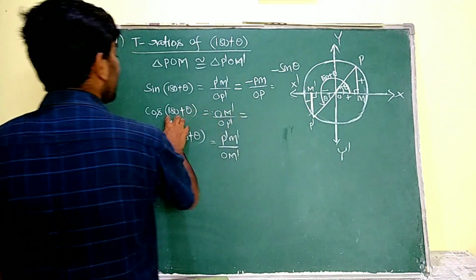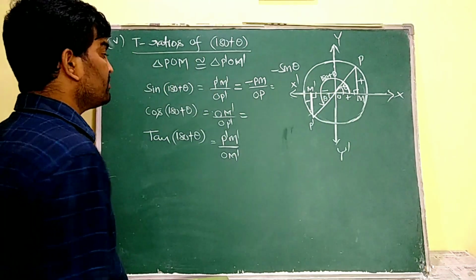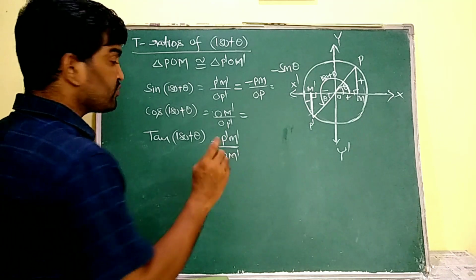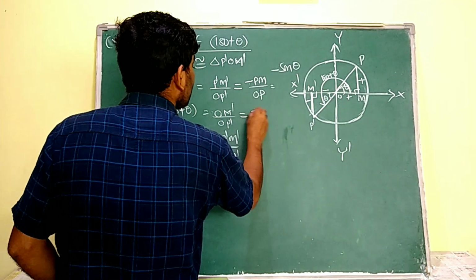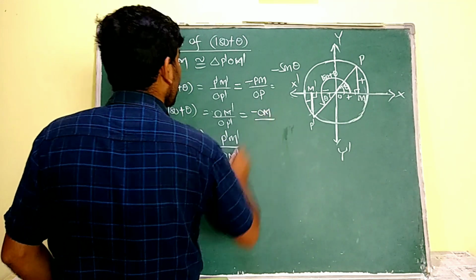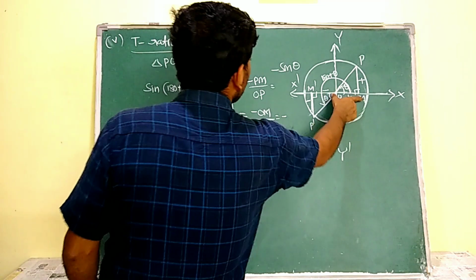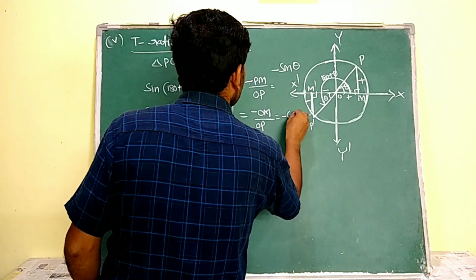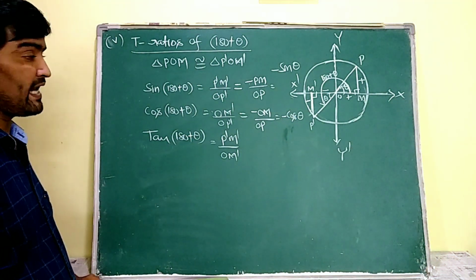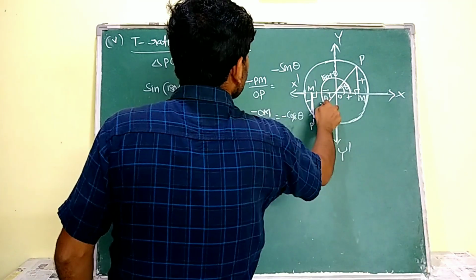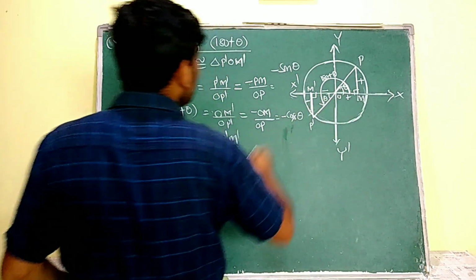Cos(180 plus theta) means its adjacent side OM dash by hypotenuse OP dash. OM dash is nothing but minus OM, and OP dash means OP only. So minus OM by OP means minus cos theta. Understand? Similarly, tan(180 plus theta) means its opposite side P dash M dash by its adjacent side OM dash.